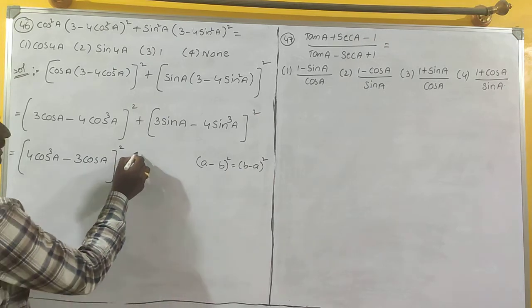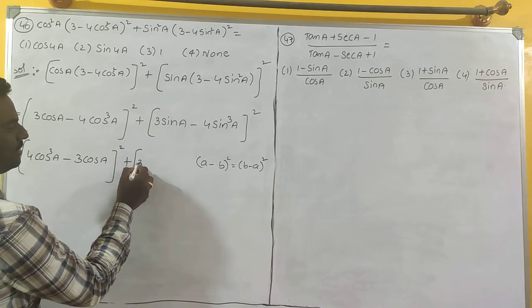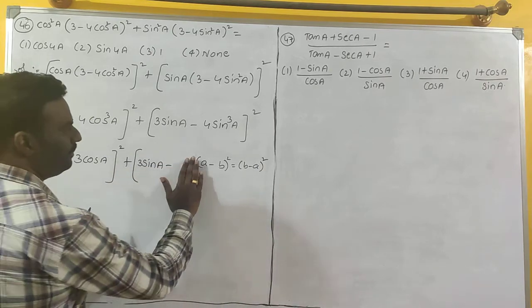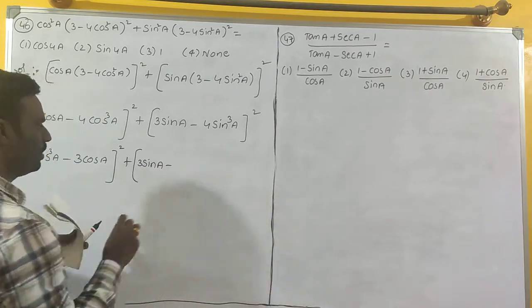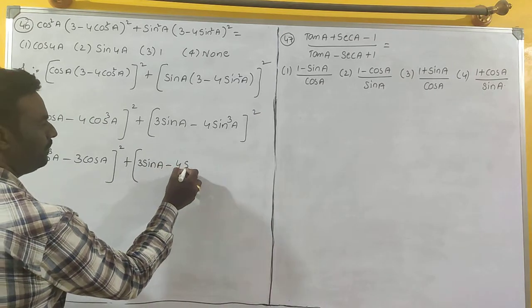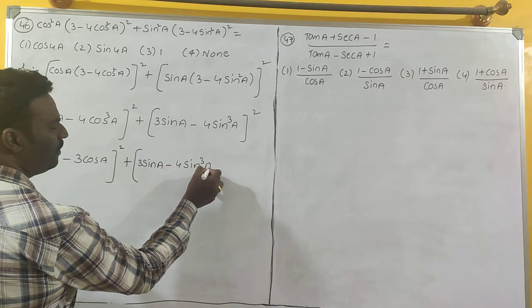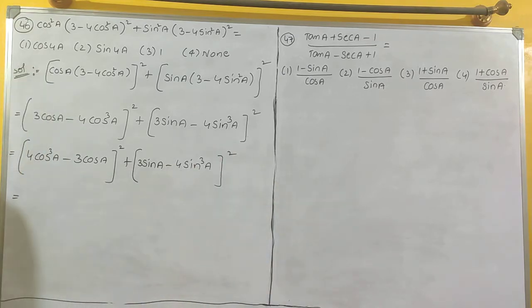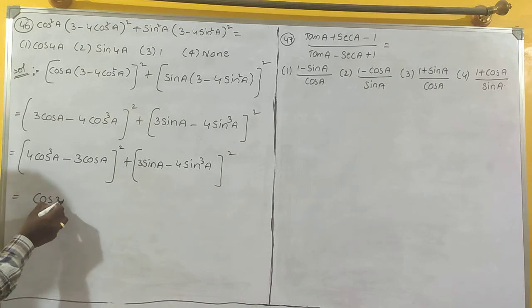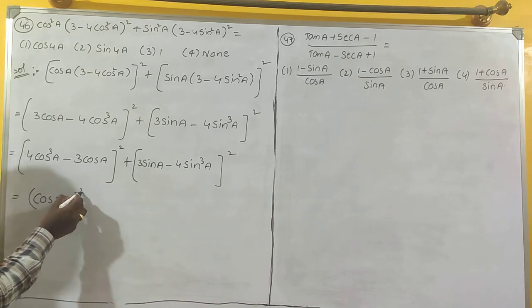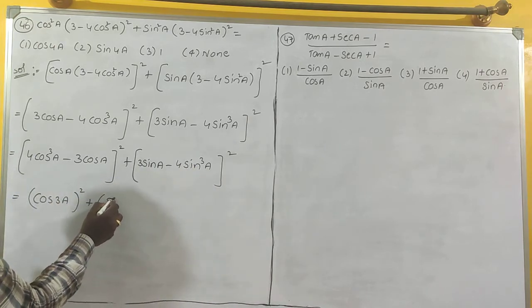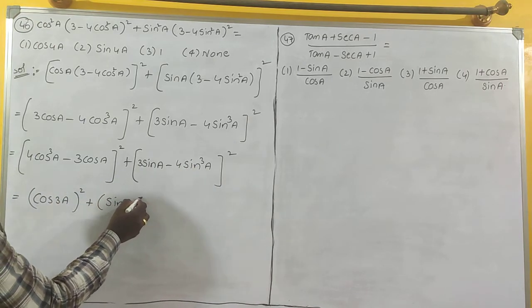Here don't interchange, directly write (3 sin A minus 4 sin cube A) whole square. 4 cos cube A minus 3 cos A is the formula for cos 3A, whole square. 3 sin A minus 4 sin cube A is the formula for sin 3A, whole square.